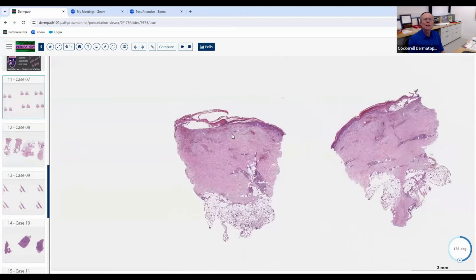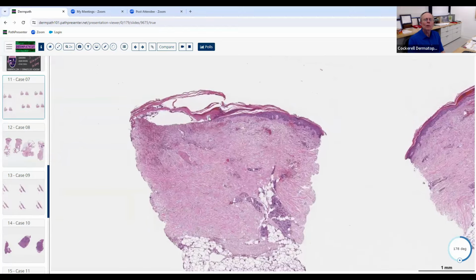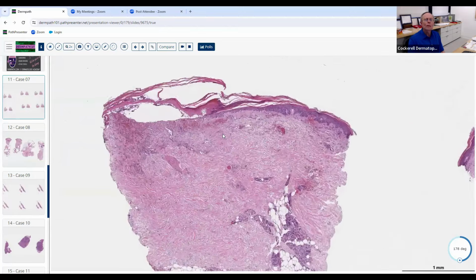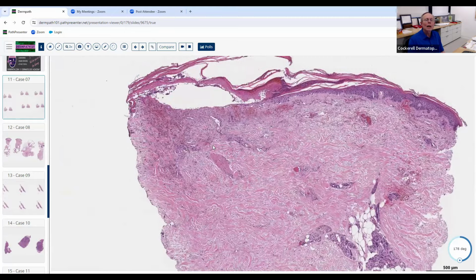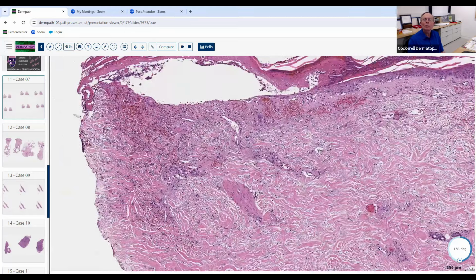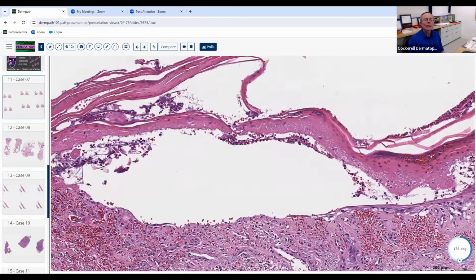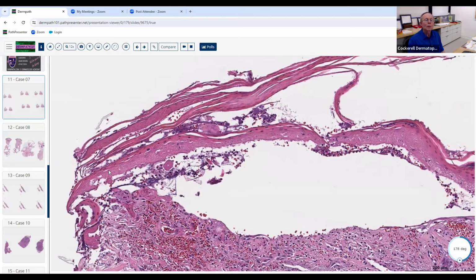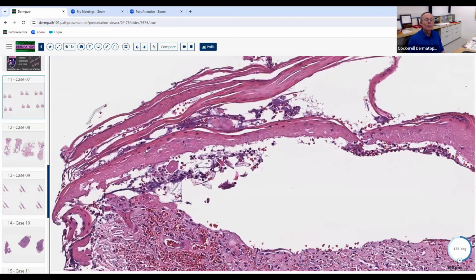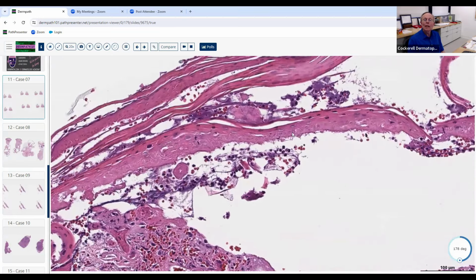So let's go to higher magnification to see if there's anything else going on. There's something going on in the epidermis. Let's take a look at that epidermis, and notice that it is totally necrotic. Okay, it's dead. Whenever you see pink discoloration of the keratinocytes with these dark pyknotic nuclei, that's pathognomonic of epidermal necrosis.